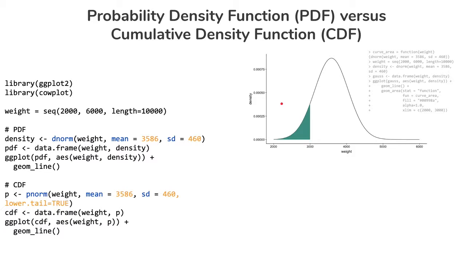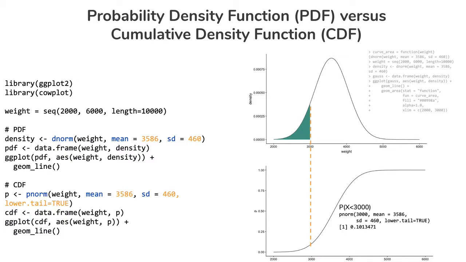The associated value in the cumulative distribution function is actually this area right here that's to the left of that value. So the cumulative probability of a newborn being born with a weight less than 3,000 grams is something like, I don't know, 0.1.